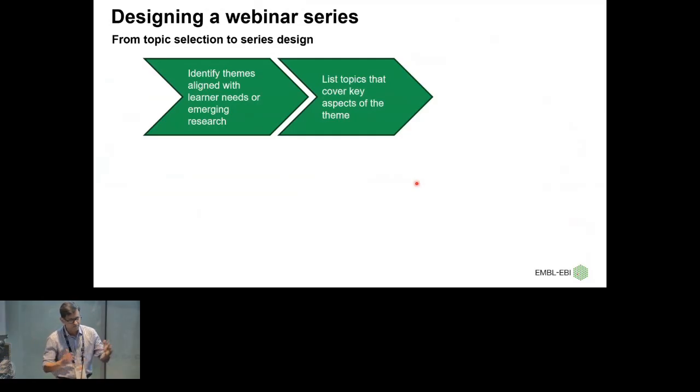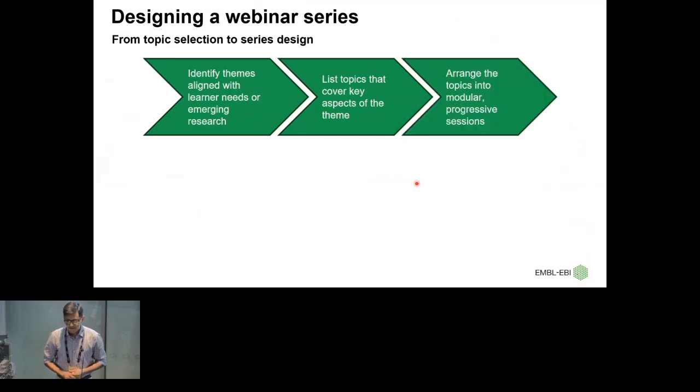You have a bigger topic, then you need to create subtopics within that so that people can go from introduction to more depth in the methodology or concepts. Then the next step is to arrange these topics into modular or progressive sessions, so there is a logical flow of content that people can start and end.